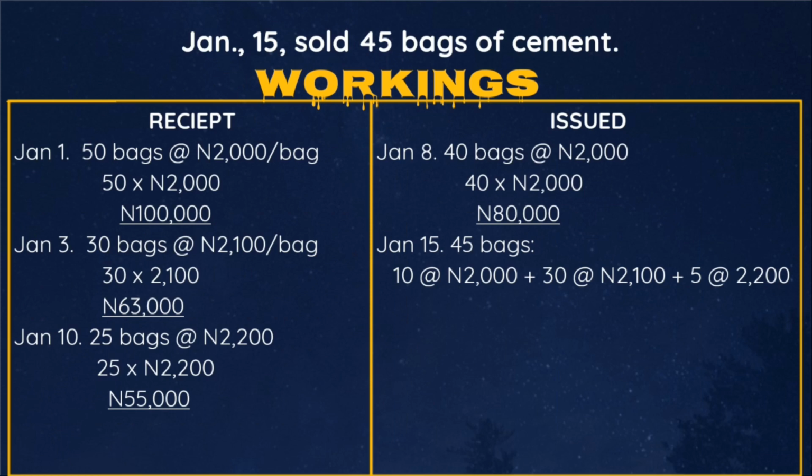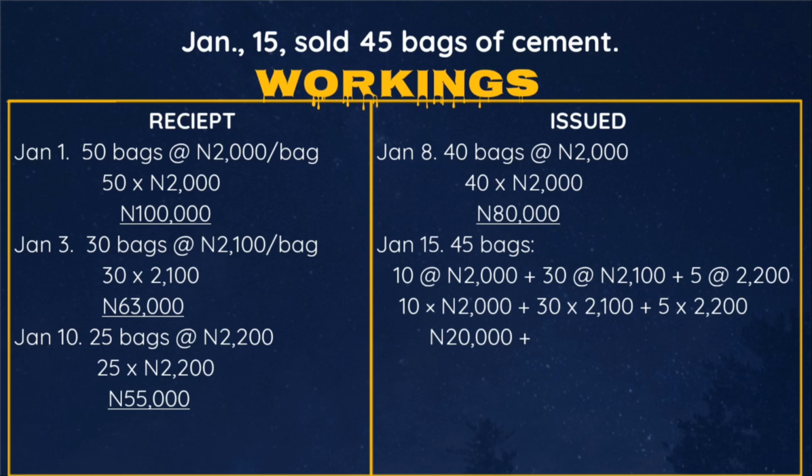Now 10 bags at 2,000 naira will be 10 times 2,000. 30 at 2,100 will be 30 times 2,100. While 5 at 2,200 will be 5 times 2,200. 10 times 2,000 will be 20,000 naira. 30 times 2,100 will be 63,000.